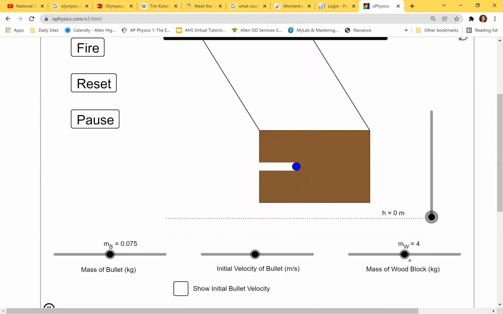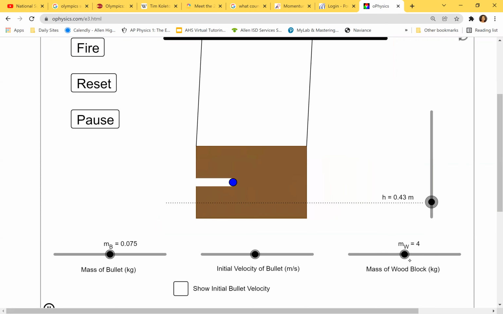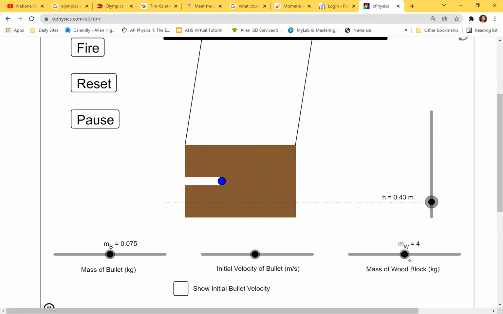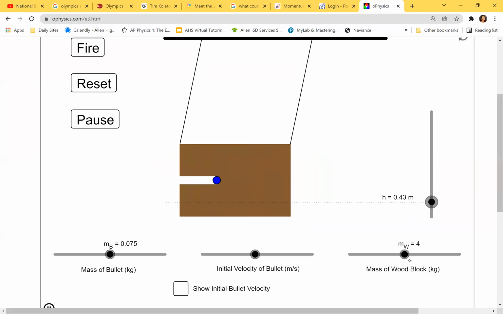And so from here, I can actually measure. I'm going to let it play a couple times. Does that look good enough? And so I've lined it up with the maximum height when it's at the top part of the swing. So 0.43 is our max height.